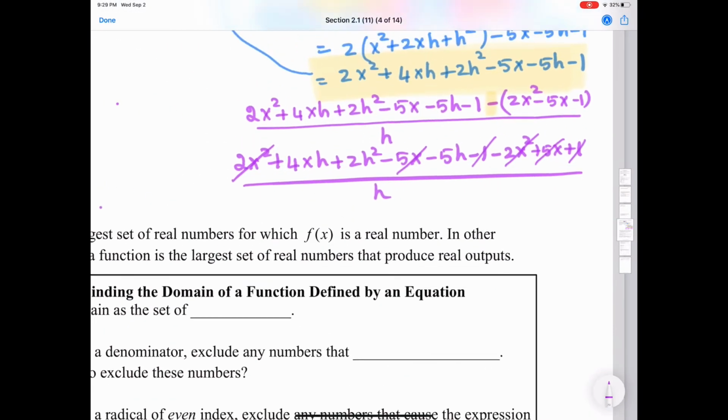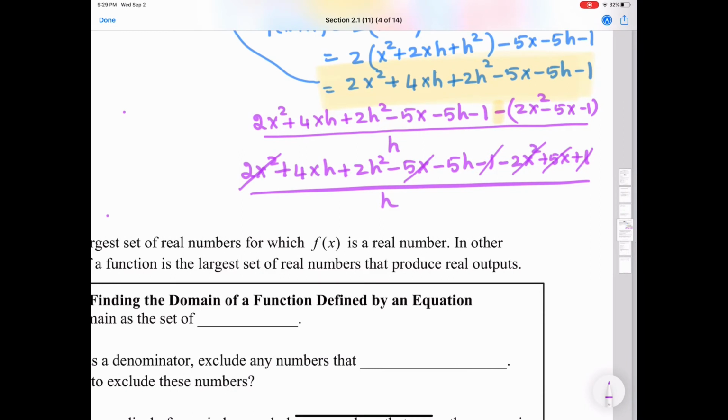So the next thing I have here is the leftovers, which is 4xh plus 2h squared minus 5h, this whole thing divided by h. Again, I can simplify. I can factor out an h from the numerator, so it would be h times 4x plus 2h minus 5, this whole thing divided by h.